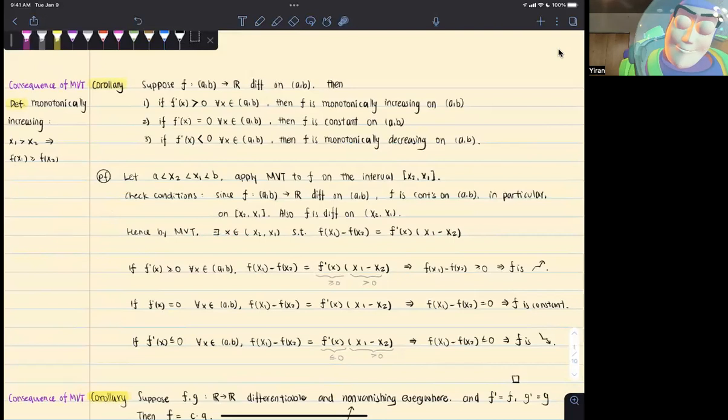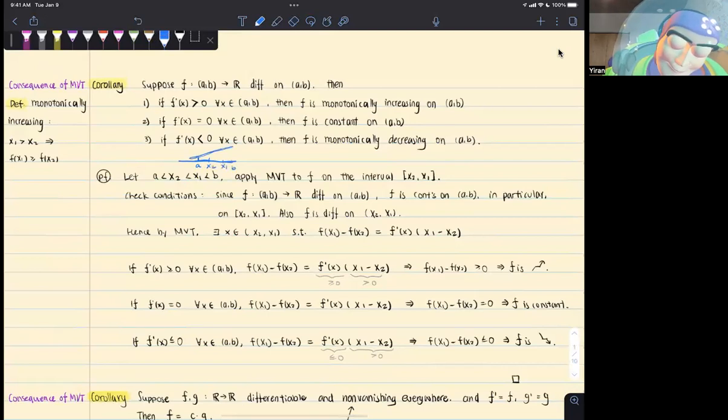Okay, now let's look at the proof. So suppose that a is smaller than x1, smaller than x2, smaller than b. Sorry for the notation, it is a little bit inverse from what I wrote before. So in our proof, we assume that on this line, this is a, this is x1, this is x2, this is b, right?